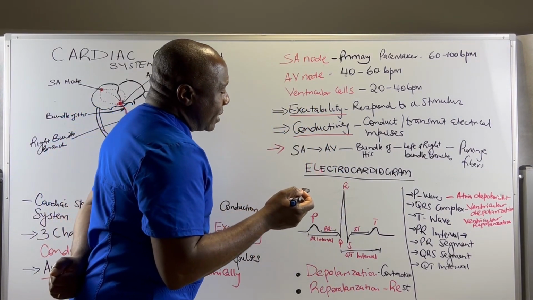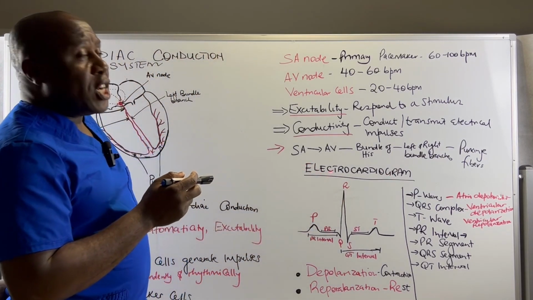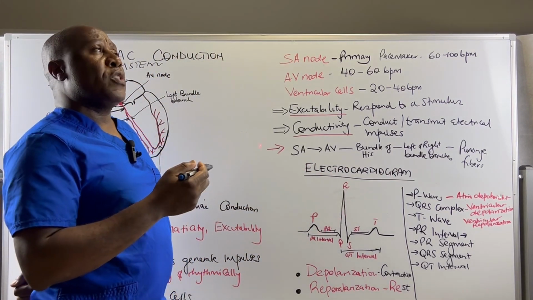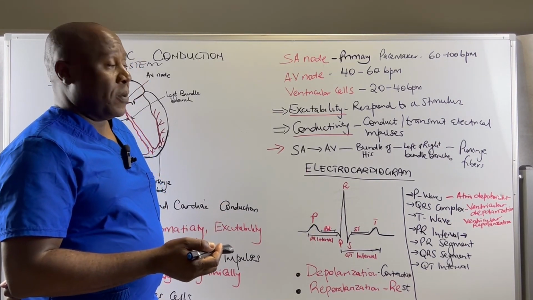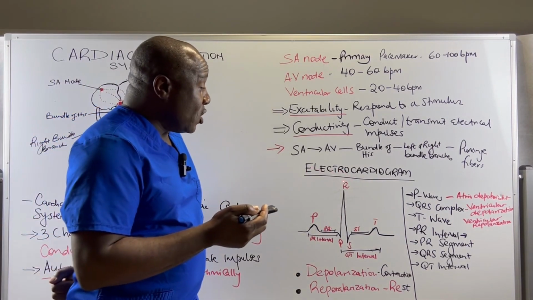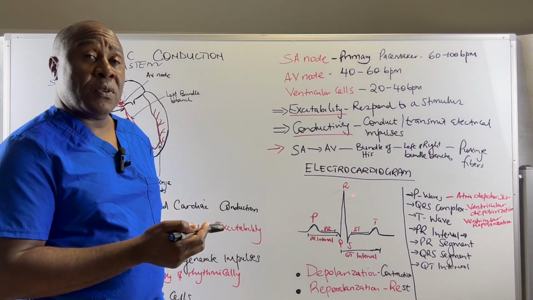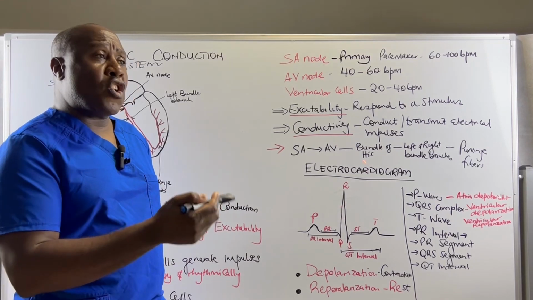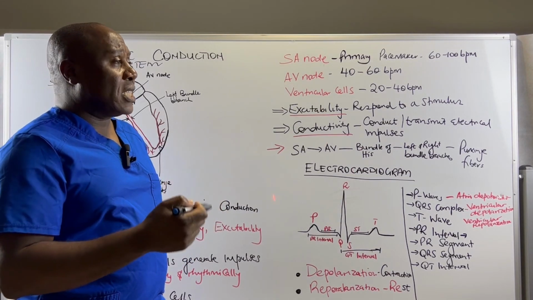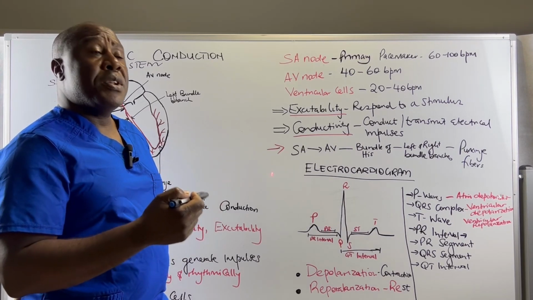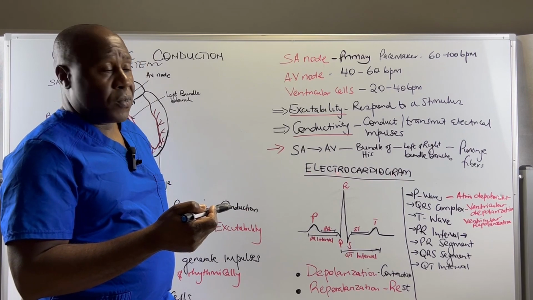Now, let's look at an electrocardiogram. In short, we refer to it as an EKG or an ECG. An electrocardiogram is a diagrammatic representation of the heart's electrical activity. The heart's electrical activity can be represented by an electrocardiogram.